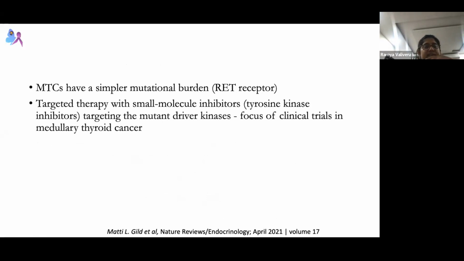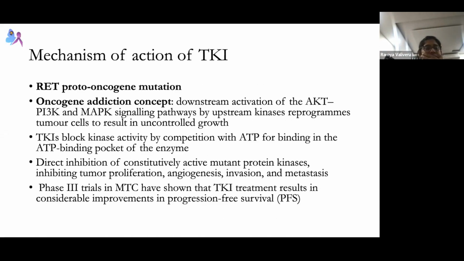It's just the RET receptor, and the targeted therapy is with small molecule inhibitors targeting the mutant driver kinases. There's a lot of work going on in this. So we all know that there is a RET activation, and these are going to inhibit these tyrosine kinases, AKT, phosphatidylinositol 3 kinase, and MAP kinase signaling pathways.